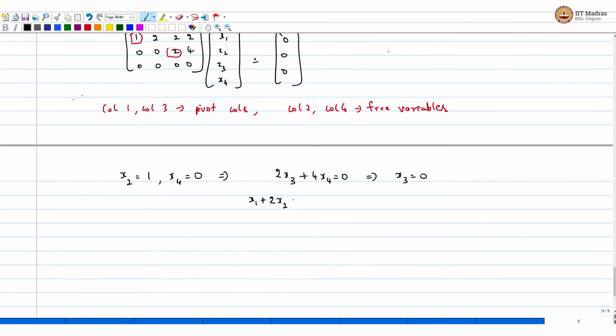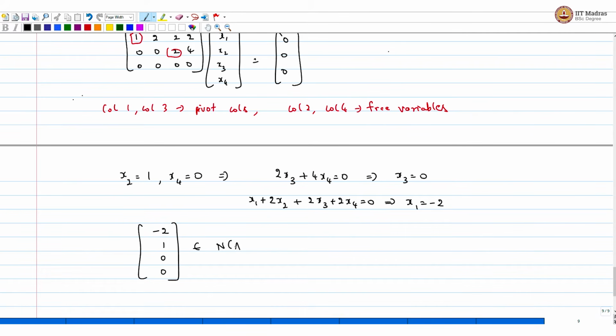And x1 plus 2x2 plus 2x3 plus 2x4 equals 0, which implies x1 equals minus 2. That gives us a first null space entry: x1 equals minus 2, x2 equals 1, x3 equals 0, x4 equals 0.